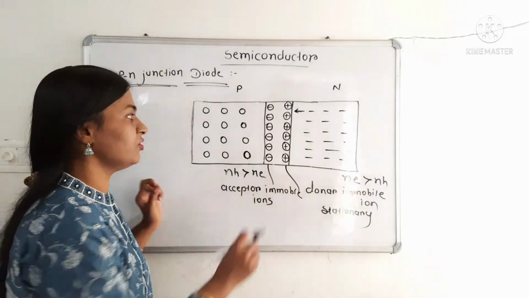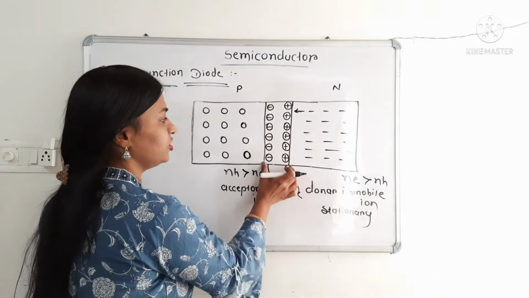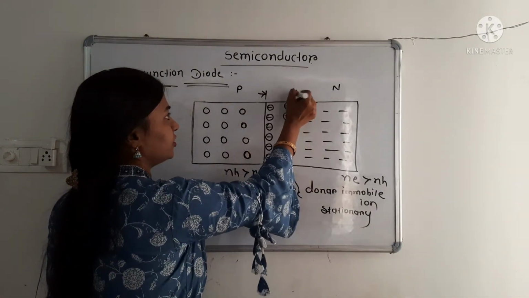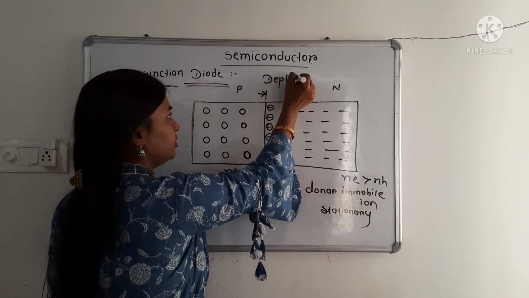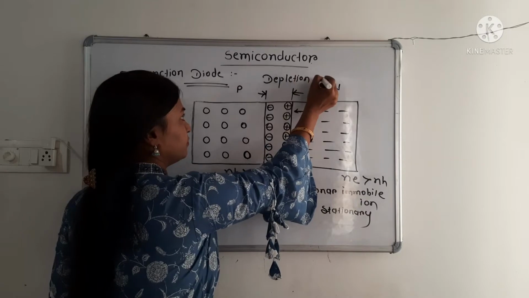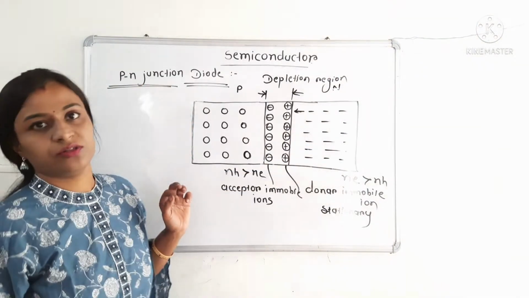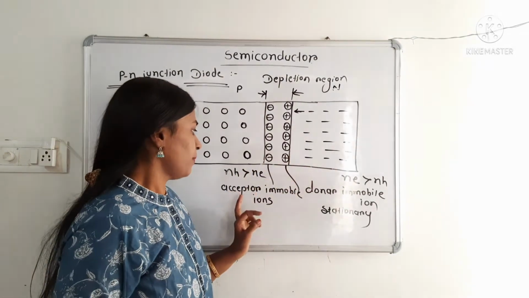And at the junction, when these ions are formed, one layer, one region is developed, and that region is known as the depletion region. This region is the depletion region. See, here these ions are formed.